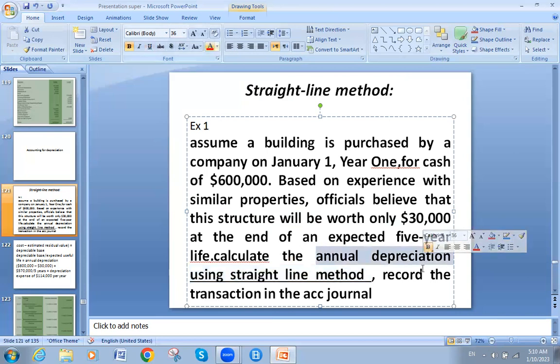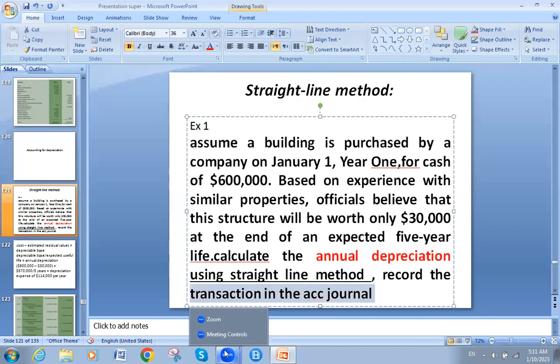So I just highlighted: calculate the annual depreciation using the straight line method, and record the transaction in the accounting journal.